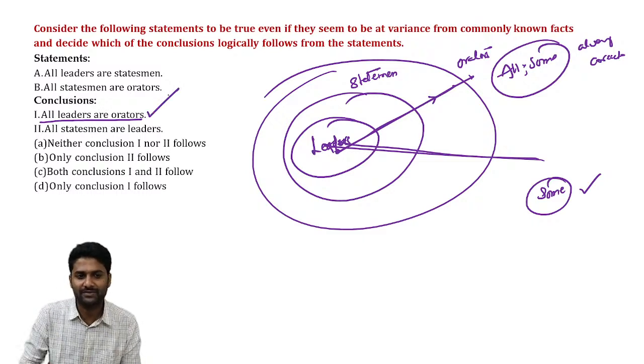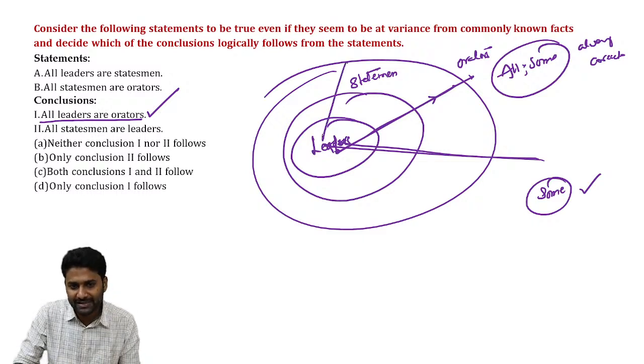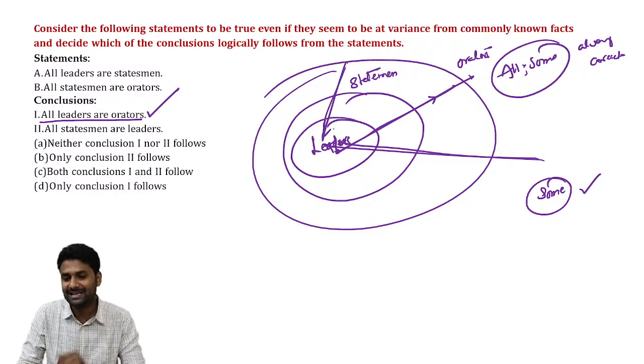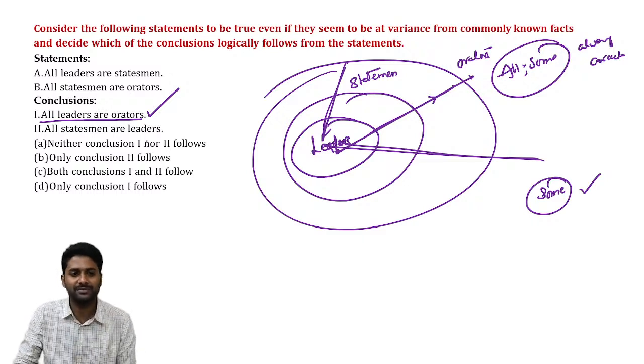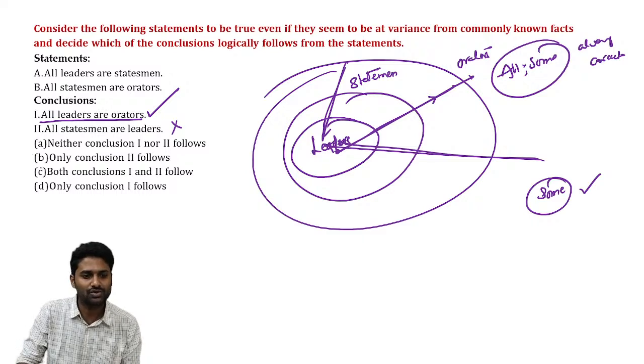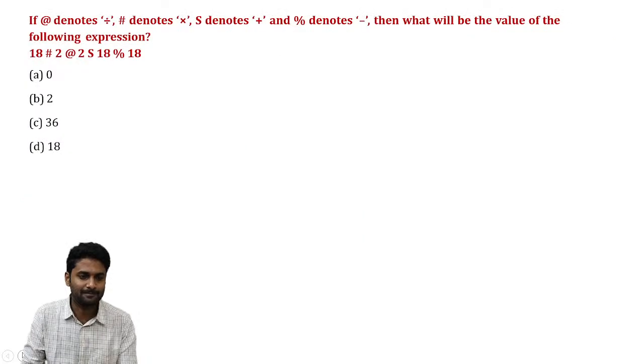That's why this is the valid one. Second one, all statesmen are leaders. Guys, if it goes inside, only some conclusions are valid. Inside comparison always some is valid. Outside comparison always all and some are valid. That's why this is invalid. Conclusion one follows. So understand this picture comparison.